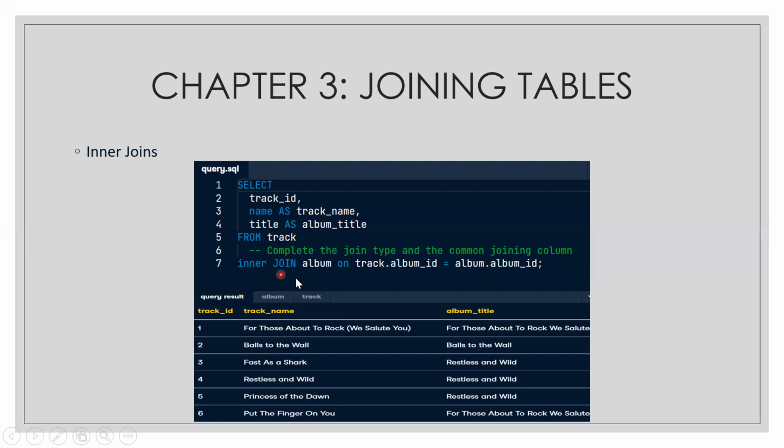Then we will perform an inner join on album, where the foreign key is album ID and the primary key is album ID. So in this way, we can join two tables using inner join with the on statement to return the data that matches in both the tables.